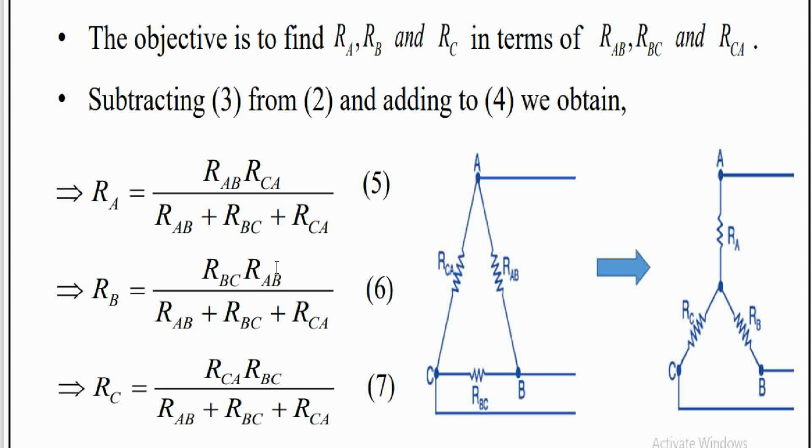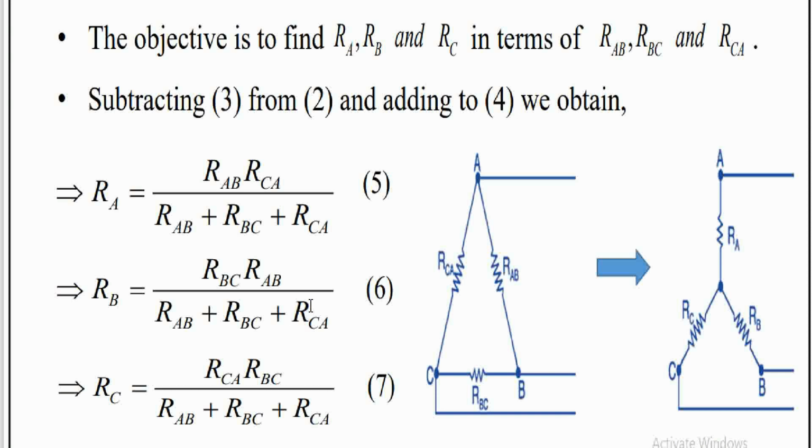Similarly, if you replace RBC and RAB, RBC is common, RAB is common, in terms of RCA, you will get the RCA equation.